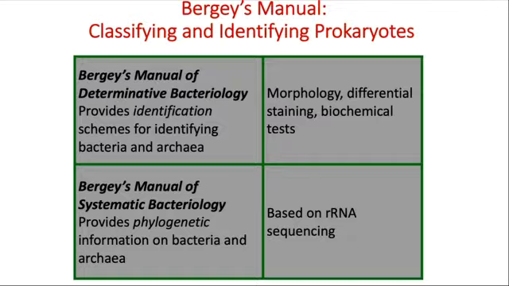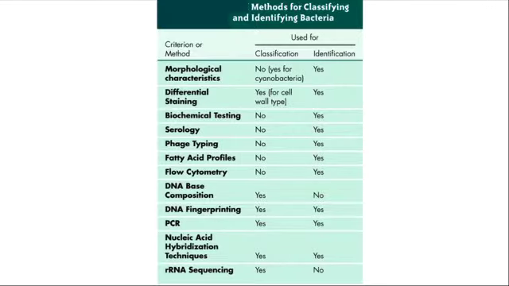The determinative one just provides information about identification, using different tests, morphology, staining, and biochemical tests. And then systematic bacteriology uses phylogenetic information. So we are looking at ribosomal RNA sequencing, and so it's more about classification than it is about identification. Okay. So those are the differences.